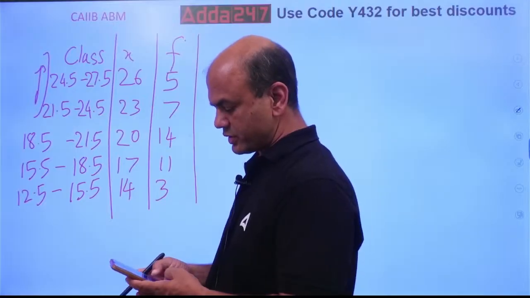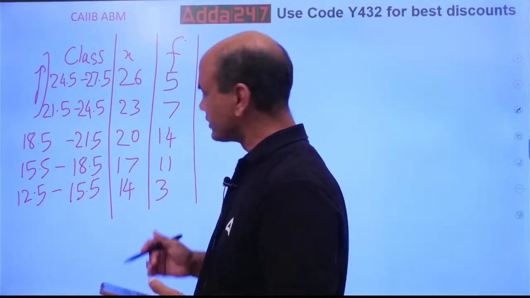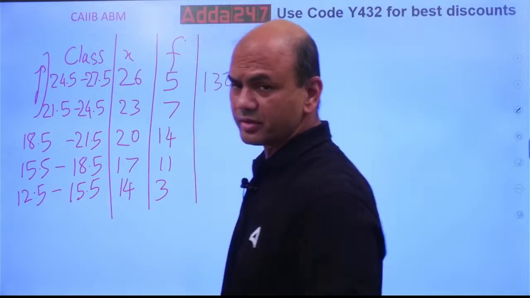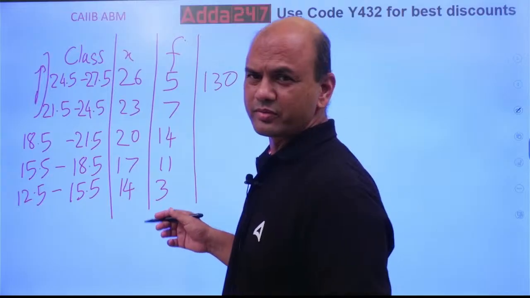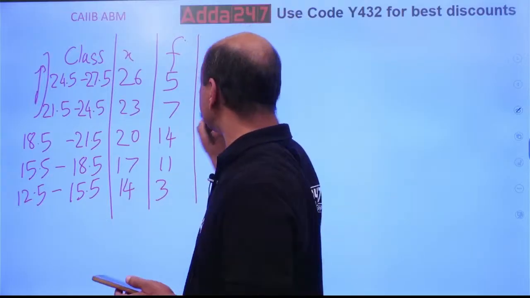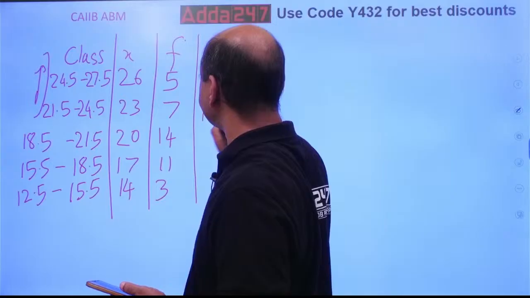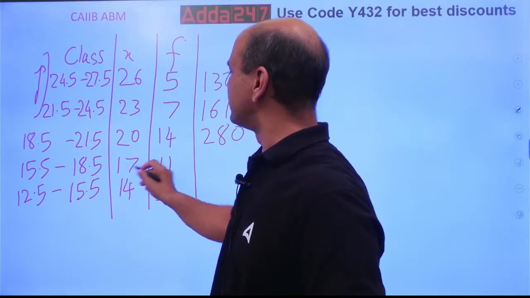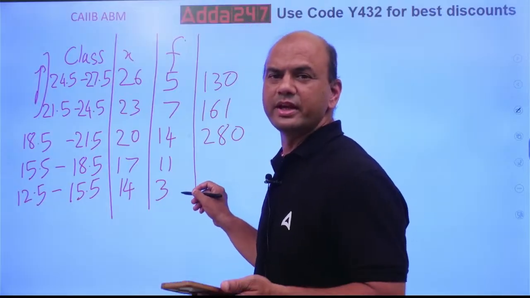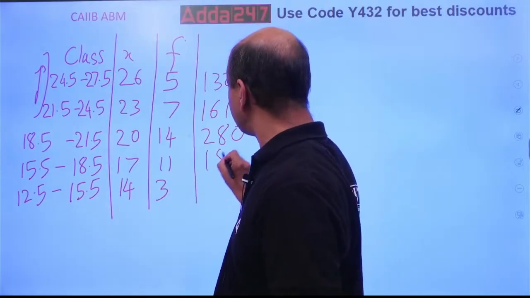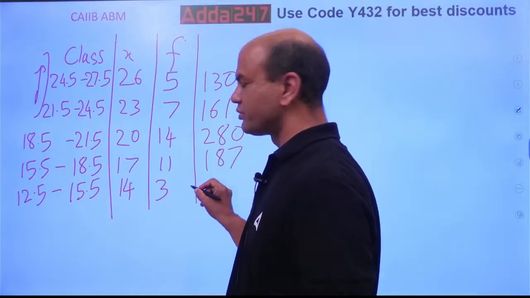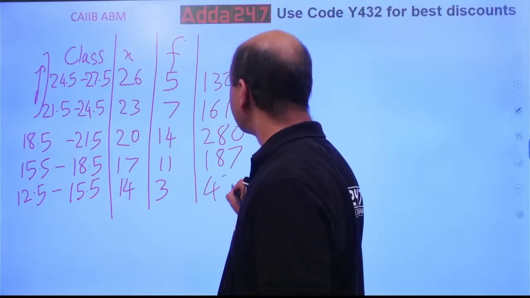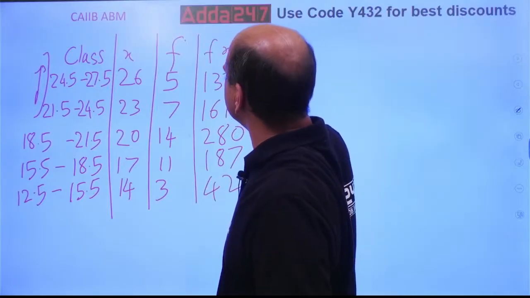What is it? I'll also do it. You also do it. So, 130. 23 into 7, 161. Then 14 into 20, 280. Then 17 into 11, 187. Then 14 into 3, 42. So this is fx.